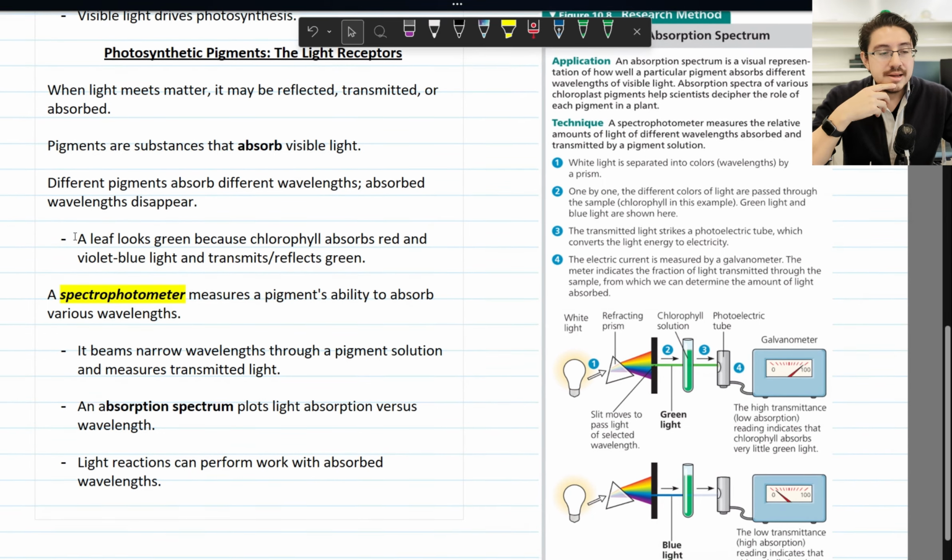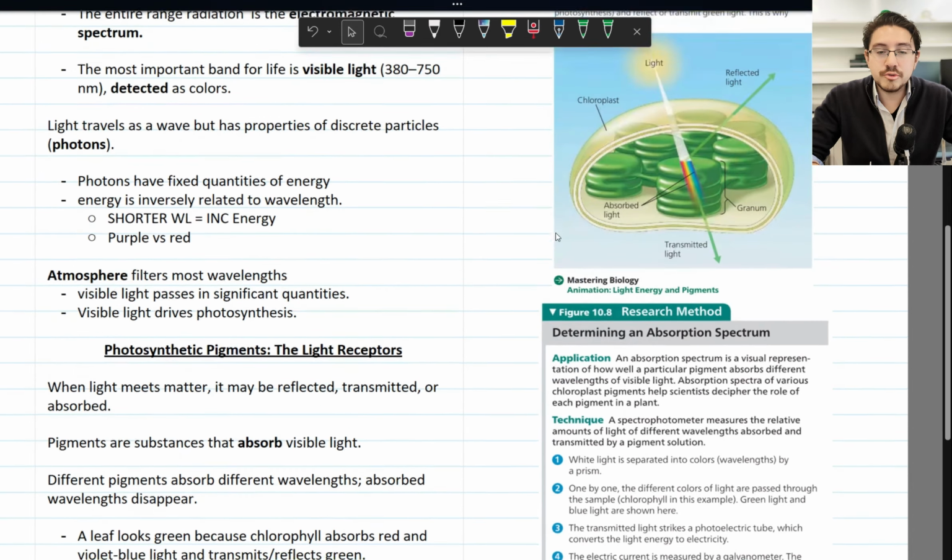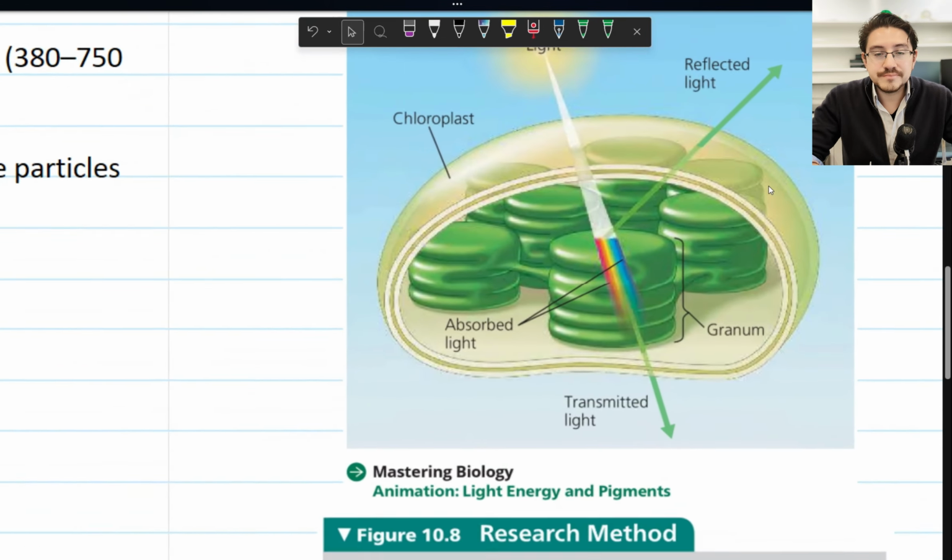A leaf looks green, as we all know, and it's because chlorophyll absorbs the majority of colors, particularly in the red spectrum and the violet-blue colors of light, but it reflects green, as you see here.